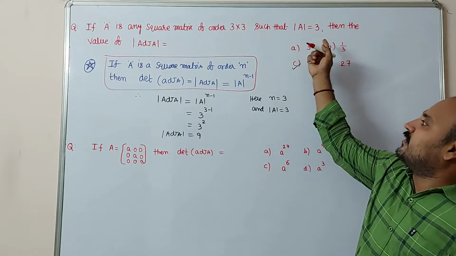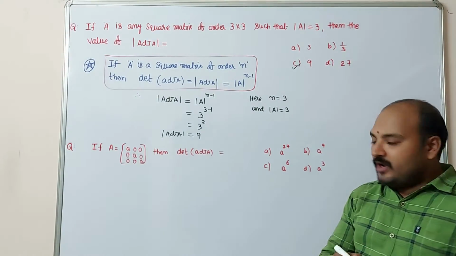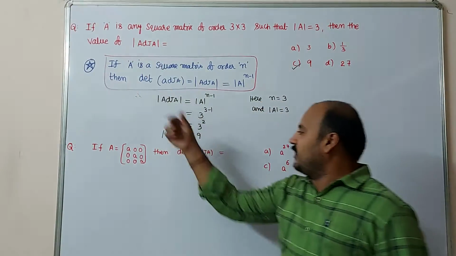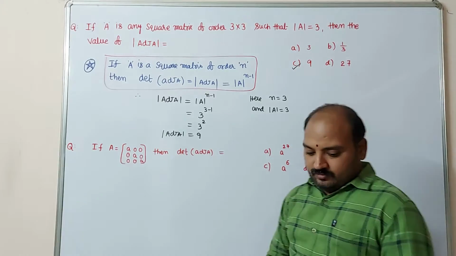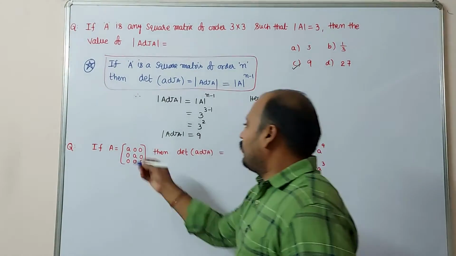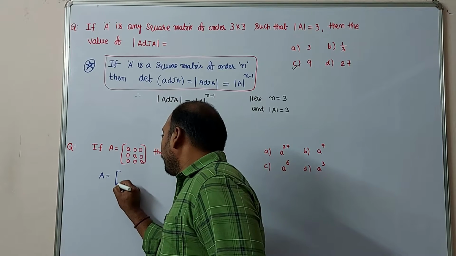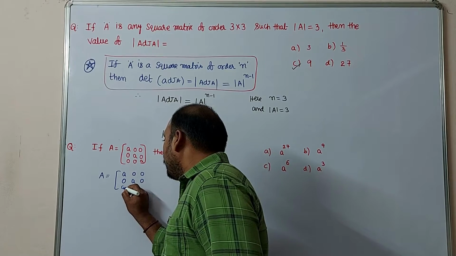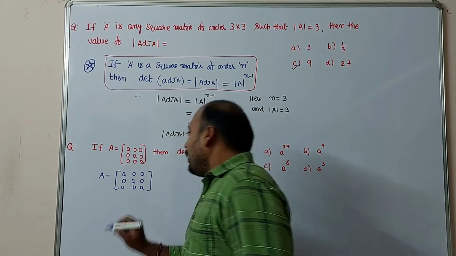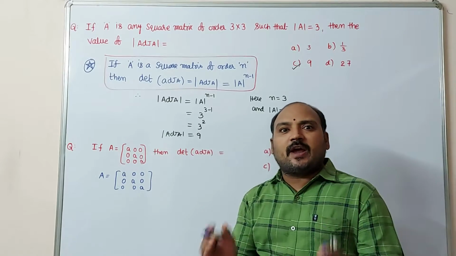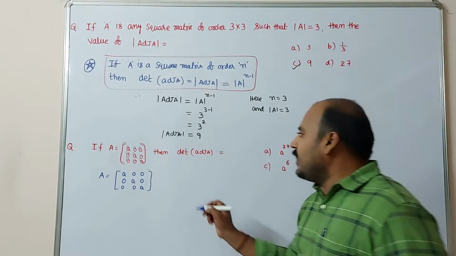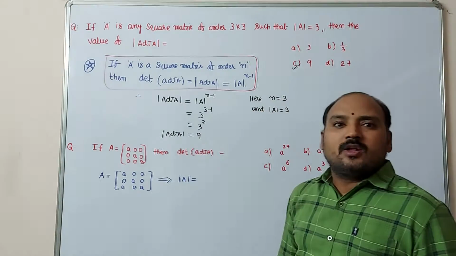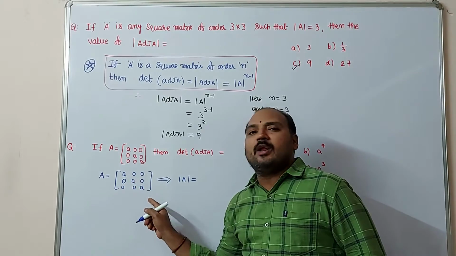By using the same concept, the way of asking the question is different here. In the previous question, det A was given directly. Here we need to calculate the value of det A and then calculate the determinant of adjoint A. So come to here. First, A equals A 0 0, 0 A 0, 0 0 A. Clearly this matrix is a diagonal, that is, triangular matrix. The determinant of a triangular matrix is always equal to the product of the principal diagonal elements.